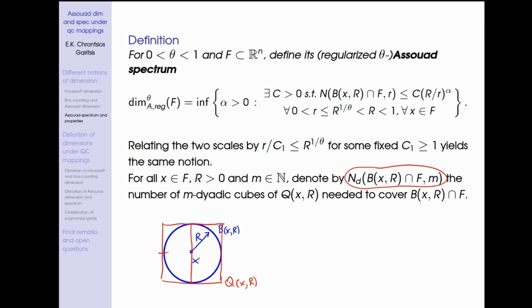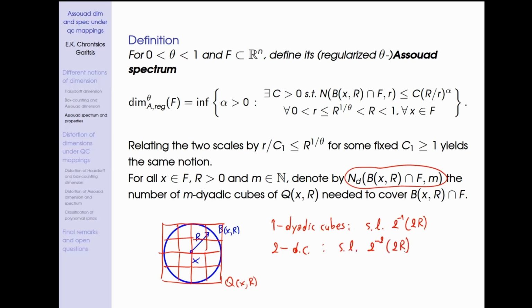The one dyadic cubes are the ones with side length, maybe we should write that down. One dyadic cube has side length 2 to the minus 1 times 2r. The two dyadic cubes, we go even further one level, so we get even more. At each time we subdivide, we get 2 to the n cubes. So the two dyadic cubes have side length 2 to the minus 2 times 2r, and so on.